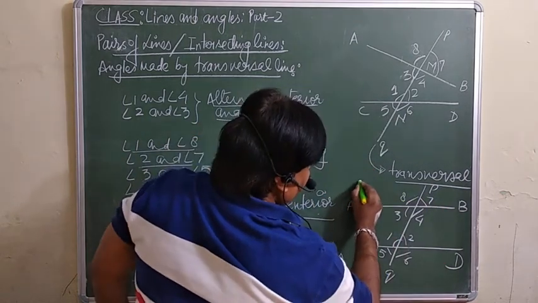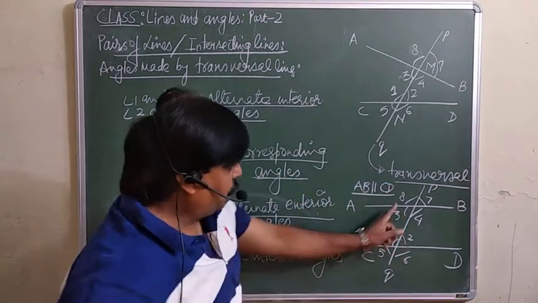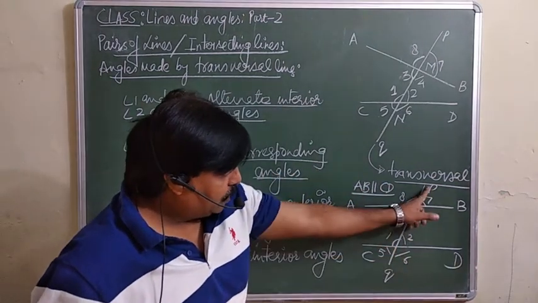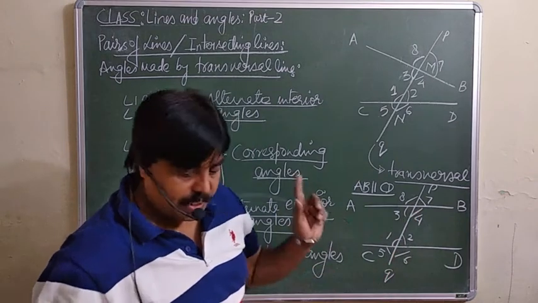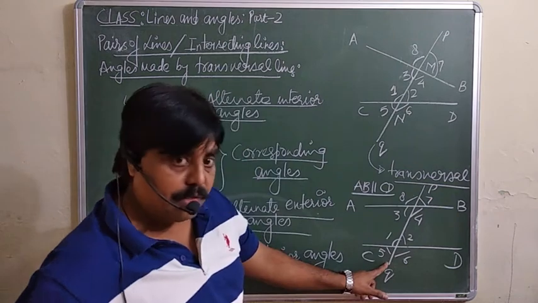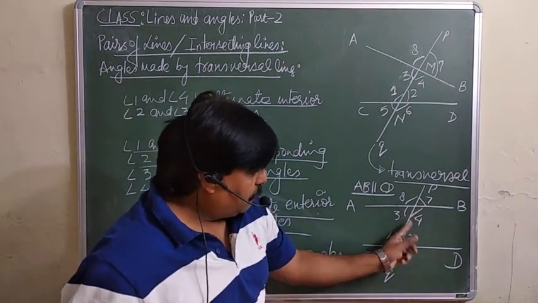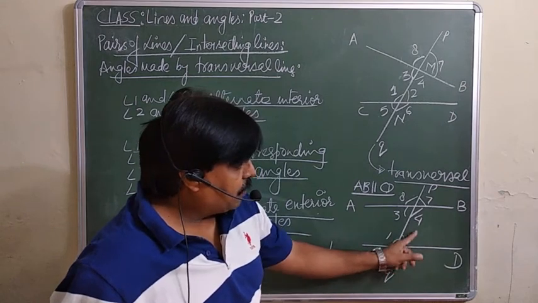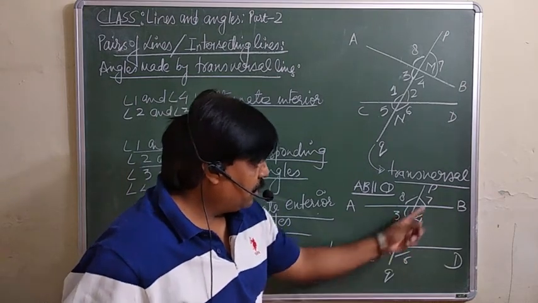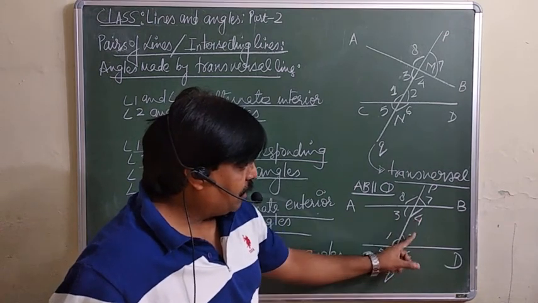Now here, AB is parallel to CD, and this is your transversal which is going to intersect. If two parallel lines are intersected by a transversal, what will be the relation in these angles? अगर ये दोनों line parallel है, तो what will be the relation in 1 and 4 and 3 and 2?